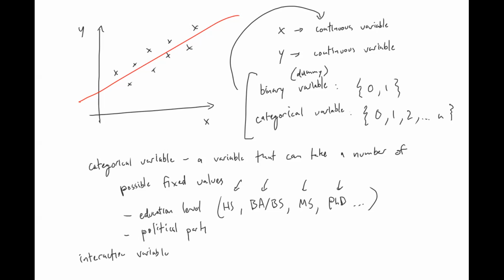That might be something that we'll get to in the next lecture, but this is where you have 3 or more variables whose influence is not additive.